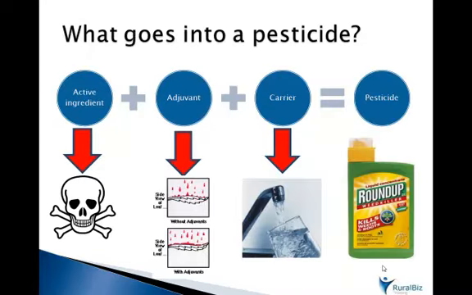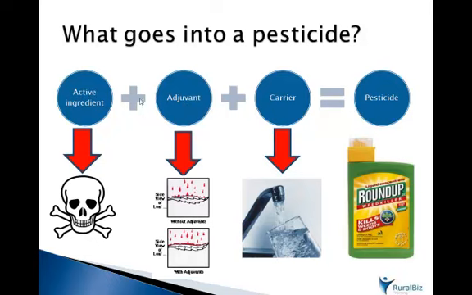Having a closer look at pesticides, we can ask what goes into them. They normally have 3 main components. The active ingredient, which is actually the chemical responsible for killing the pests that you're setting out to control. They usually also have adjuvants, which are any chemicals that are added to help the pesticide perform better.